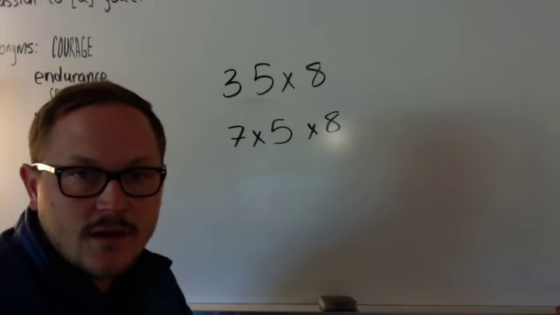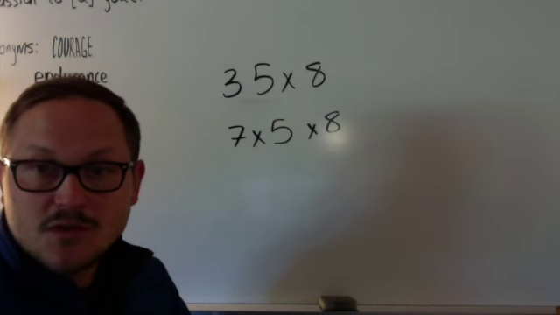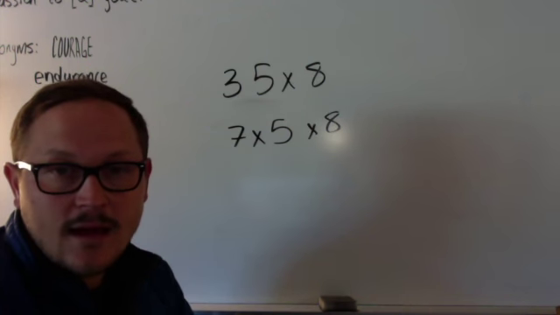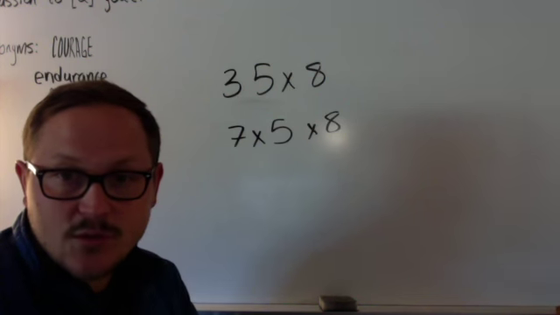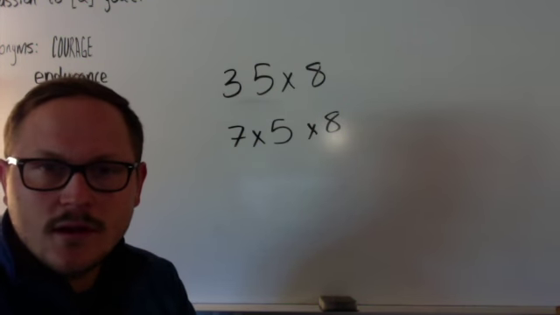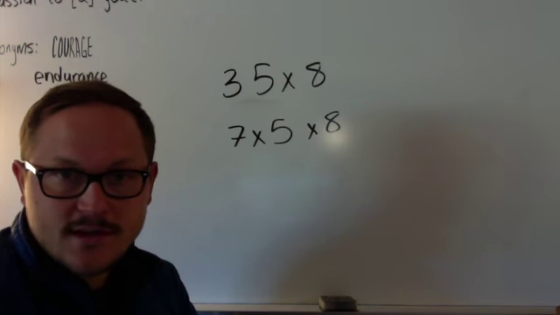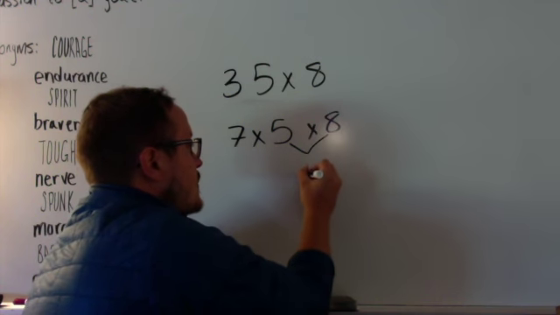Because we know multiplication is commutative, that means it can move around and still be the same answer, I can look for a hero 0 in here. Or, can I multiply two numbers and get a 0 in the ones place? 5 times 8, these guys right here, they're going to give me 40.